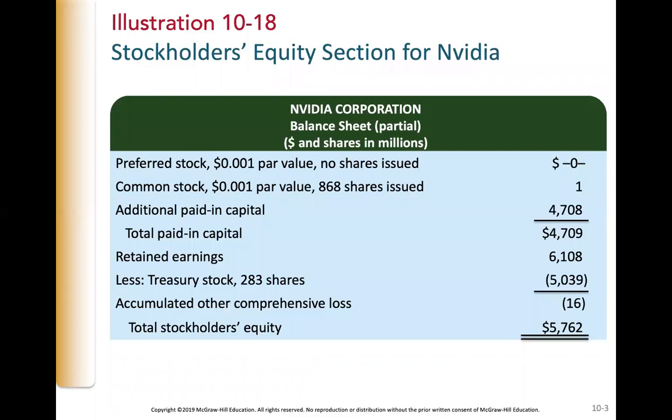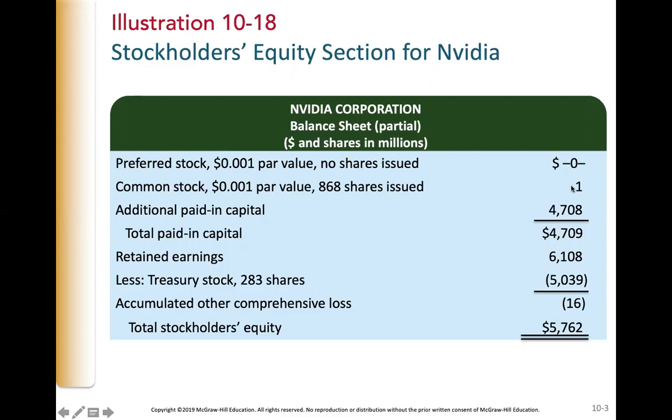Next, you list common stock. The dollar amounts shown for common and preferred stock are based on the number of shares issued times their par value. You notice here that they have common stock, the par value listed, the number of shares that are issued. If you multiply these out, it's 1.